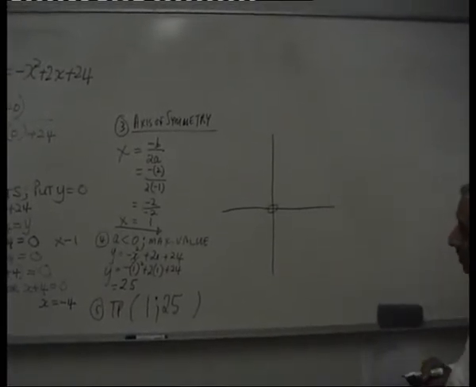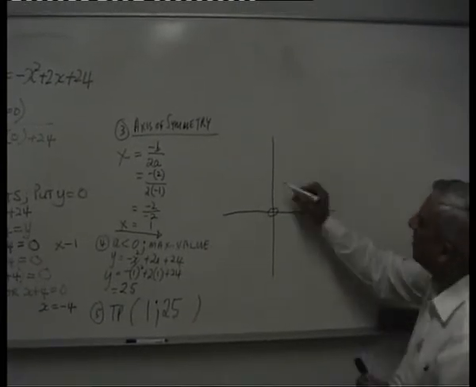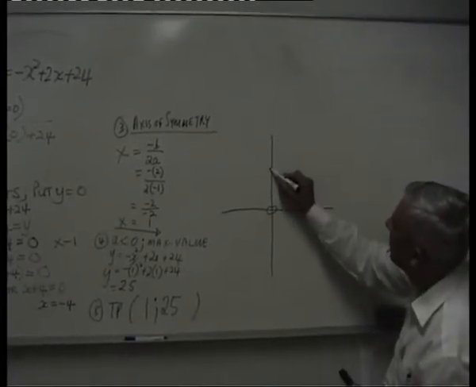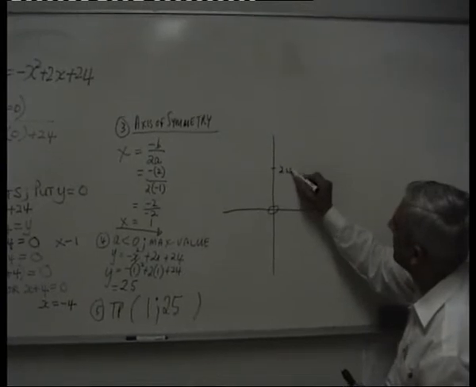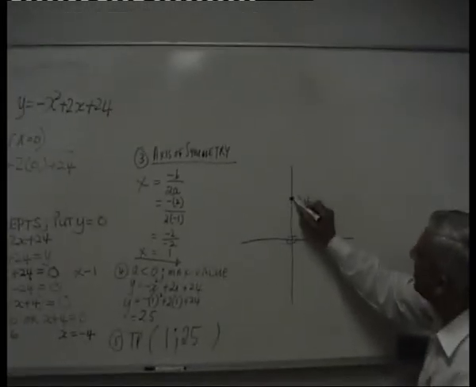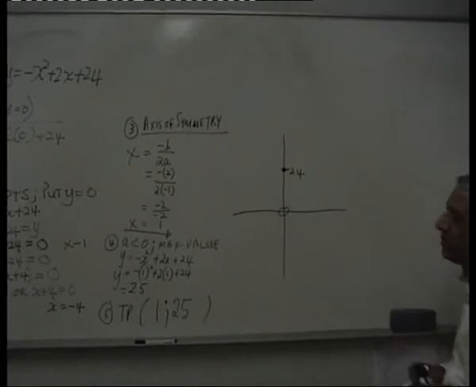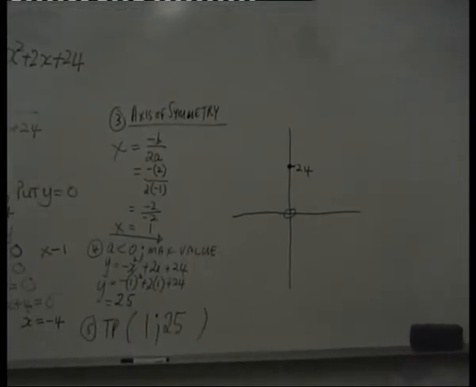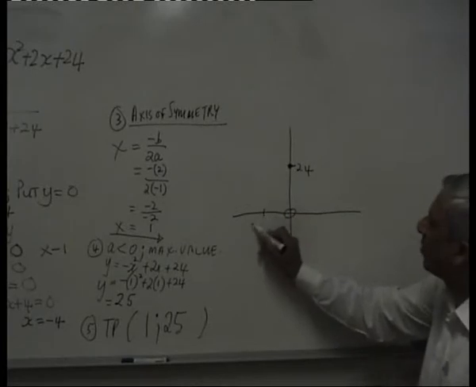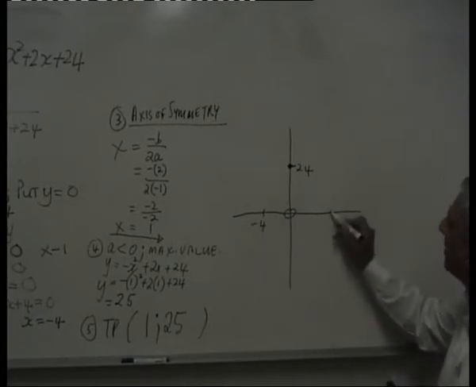Let us see. The y-intercept is 24. So let's say 24 is here. So you put a dot on 24. Now the x-intercepts are 6 and minus 4. So minus 4 will be somewhere there, and 6 will be somewhere there.